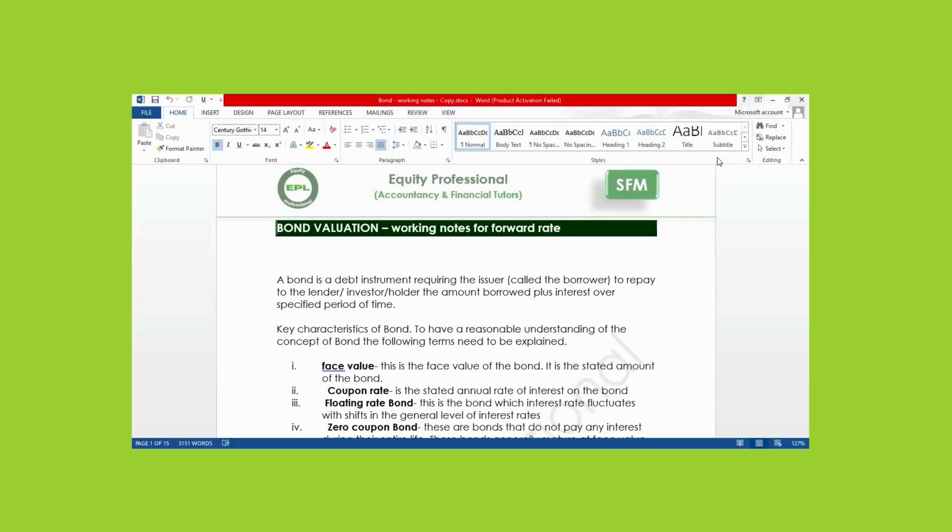The interest payable on the bond is an expense.